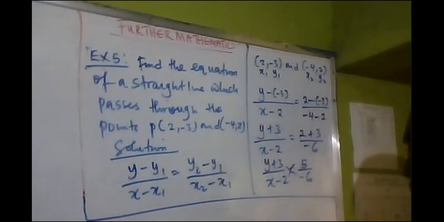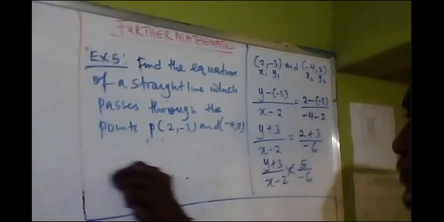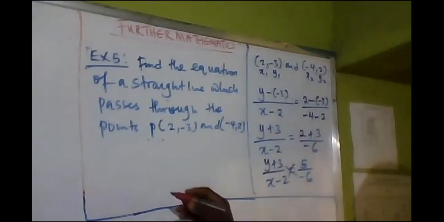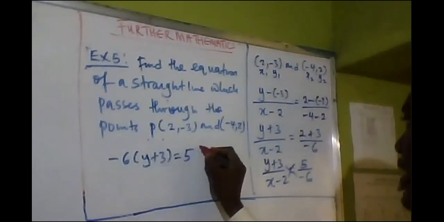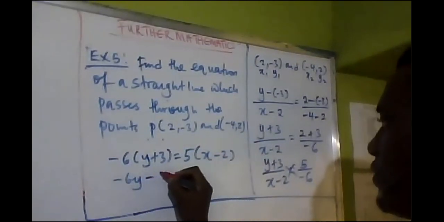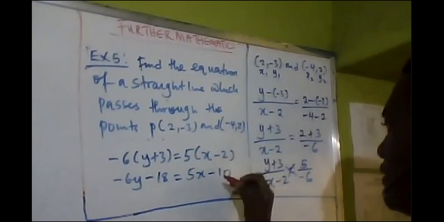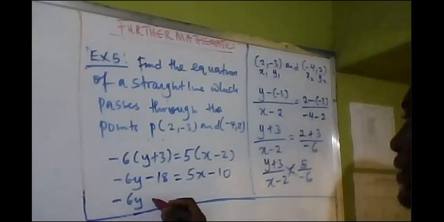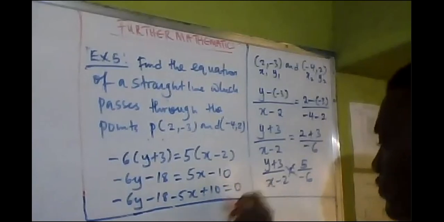So cross multiply. If I cross multiply now, that will give me what? Minus 6 into (y plus 3) is equal to 5 into (x minus 2). So minus 6y minus 18 is equal to 5x minus 10. So bringing everything towards the side, minus 6y minus 18 minus 5x plus 10 equal to 0.